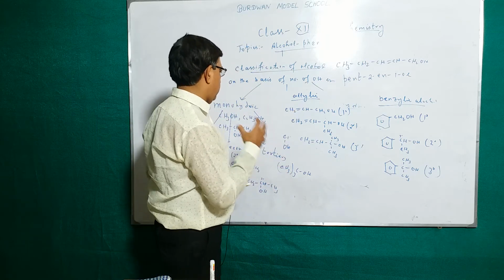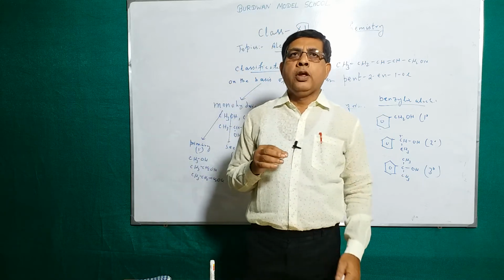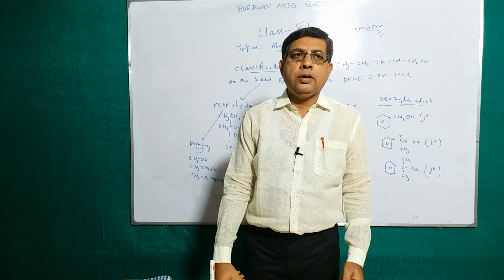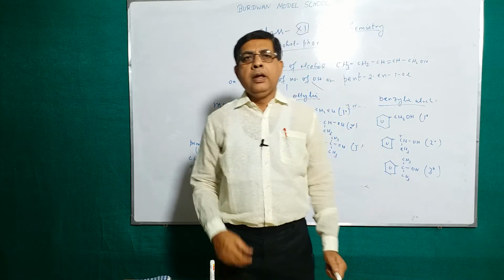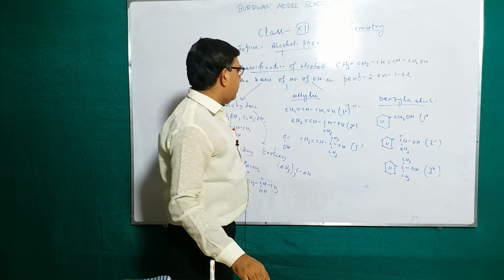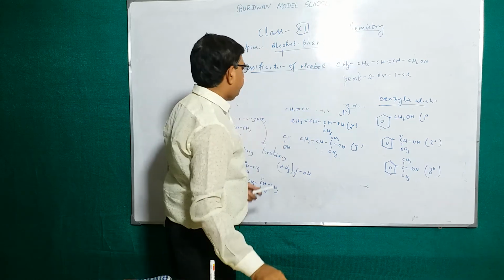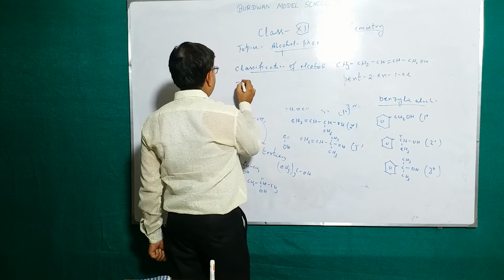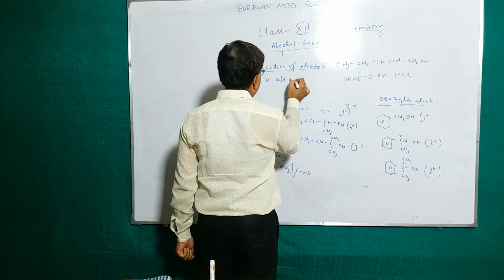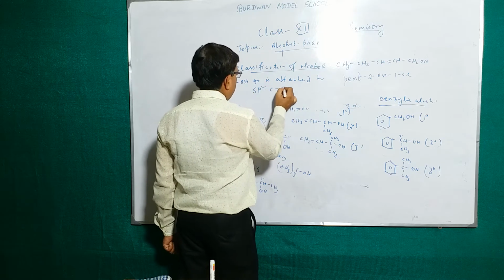In all these cases, the OH group is attached to a carbon atom which is sp3 hybridized. Another classification is where the OH group is attached to an sp2 hybridized carbon atom.